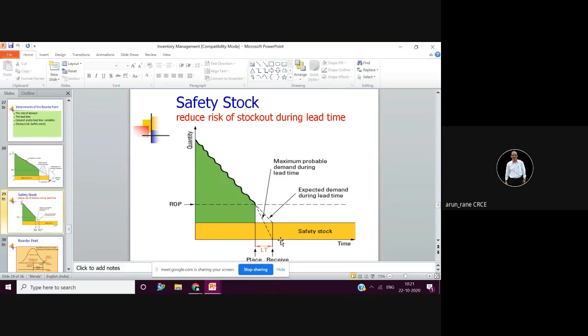So lead time is always critical. Understand? If the lead time is short, 1 hour or 1 day, then no problem. But if the lead time is more, sometimes 10 days or 15 days, then you have to be careful. What do unforeseen circumstances mean? Take the example of festive seasons, like Diwali or Holi.